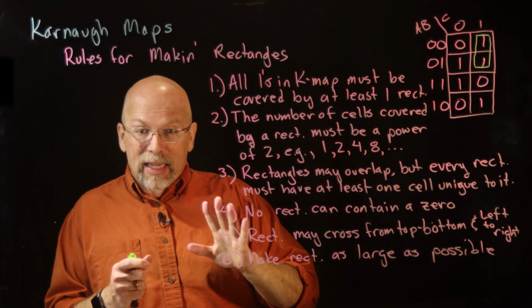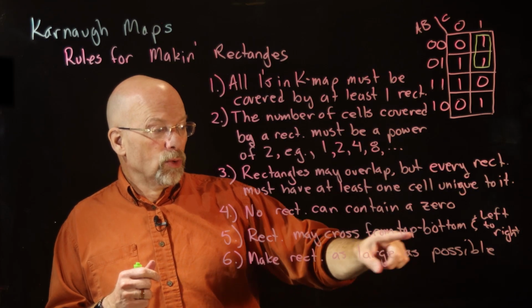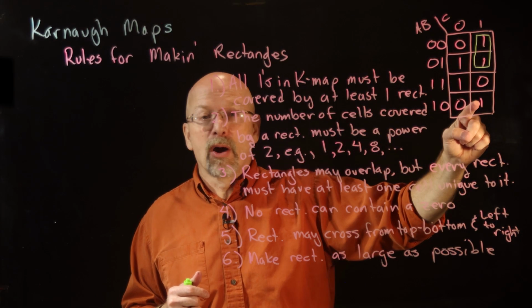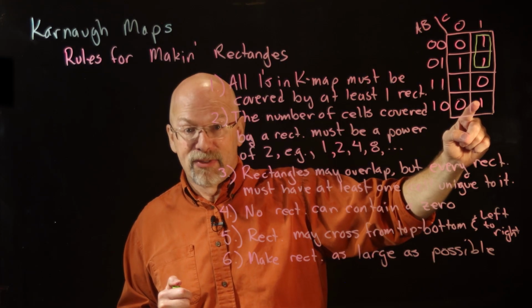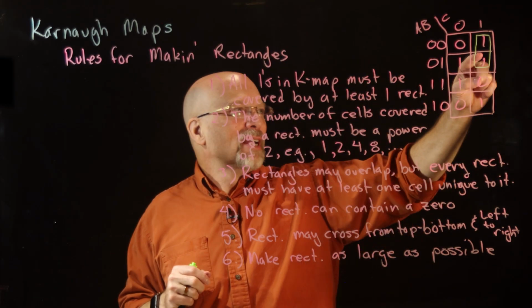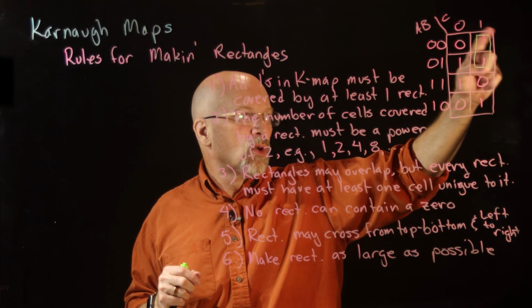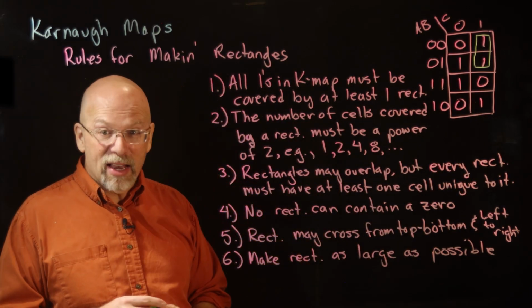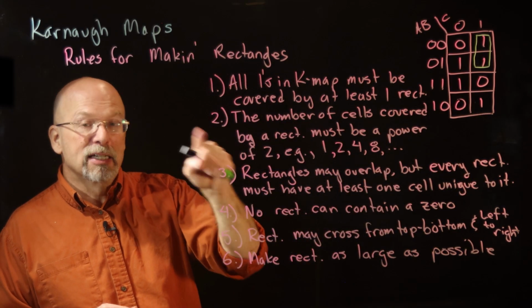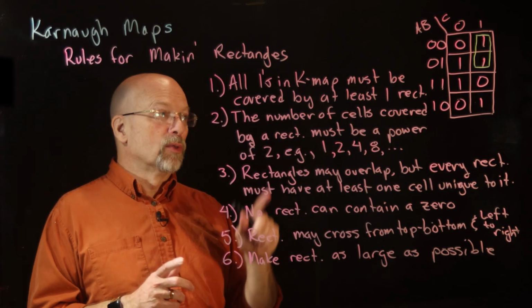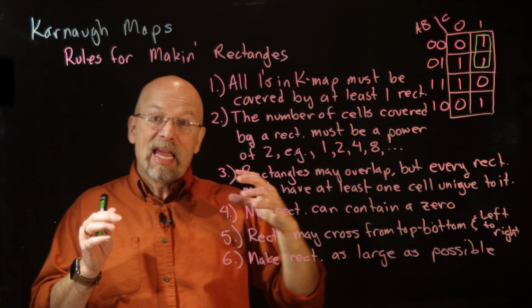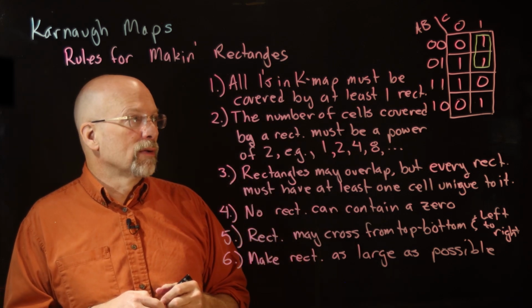All right. Now, you'll also see, if you look at this rule number 5, that I could have crossed also to go and include the one that's above it, right? And so I could have this one with this one and this one, and all three of them grouped together. Is that a valid rectangle? No, it's not, because it violates the second rule which says every single rectangle must contain a power of 2 number of cells.